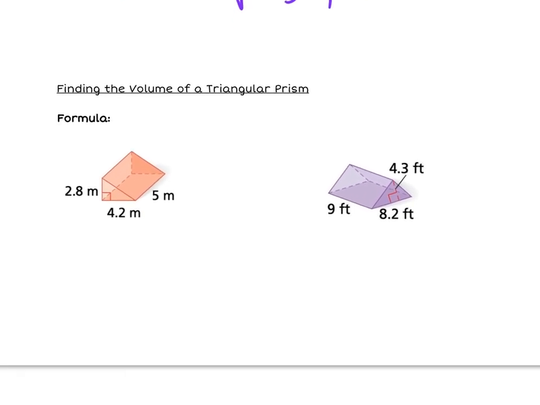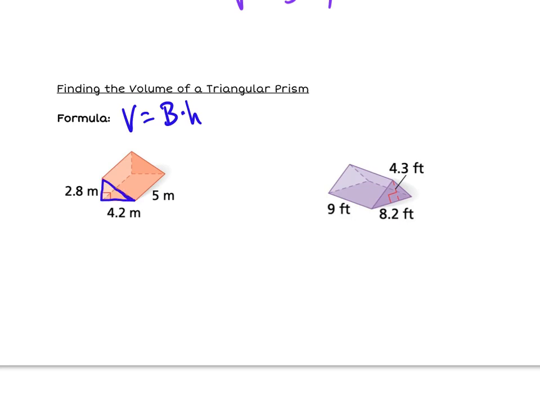A triangular prism is almost as simple. We have a formula for that as well, and it is very similar to our rectangular one. The book has the formula volume equals base, a big B, times height. The base is this triangle.